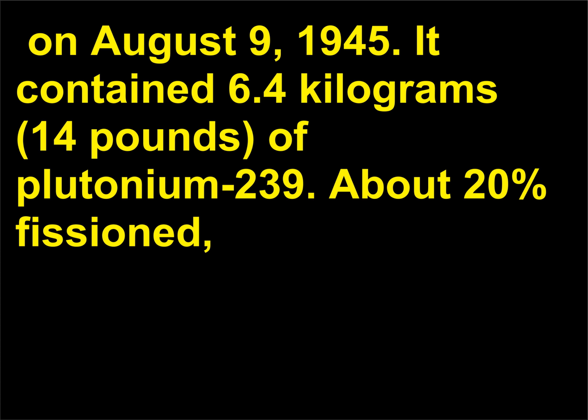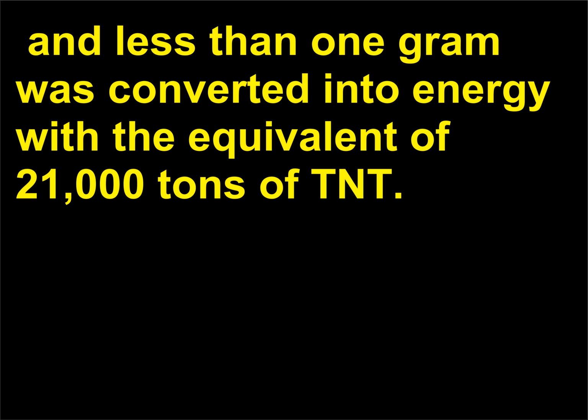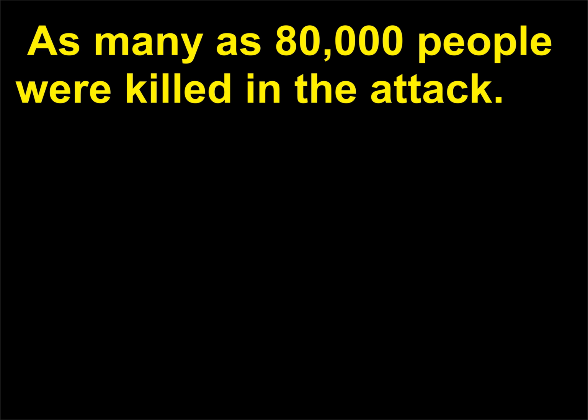It contained 6.4 kilograms, 14 pounds, of plutonium-239, about 20% fissionable. Less than 1 gram was converted into energy, with the equivalent of 21,000 tons of TNT. As many as 80,000 people were killed in the attack.